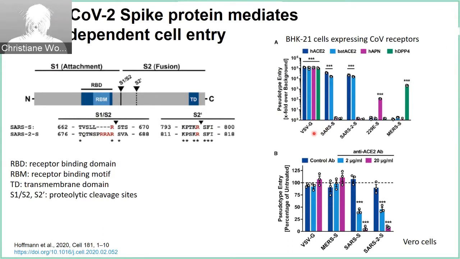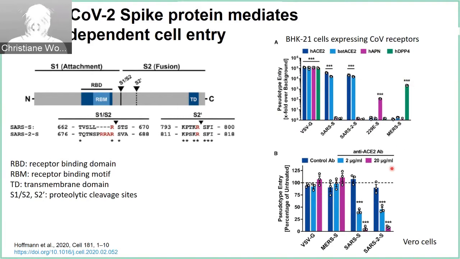And then they asked whether BHK cells that express these different coronavirus receptors would be able to mediate entry of these pseudovirions. What you can see is that both SARS-1 and 2 were able to use human and bat ACE2, but not the other 2 receptors, while, as expected, 229E used APN and MERS used the DPP4 receptor.